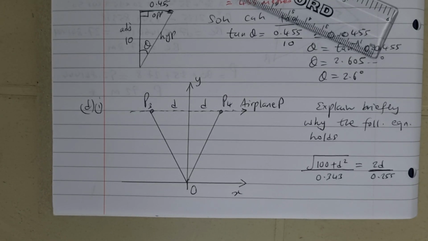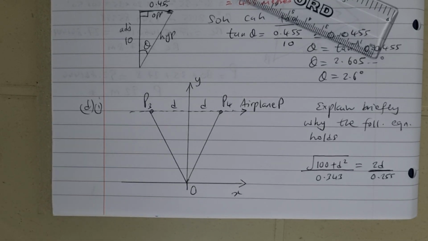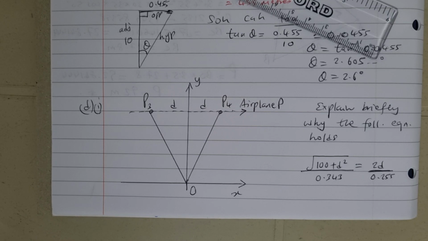So in part D of the question, we have a new diagram here, where P3 and P4 are two other points on the flight path of the airplane P. By the time Oscar hears the sound the airplane made at P3, the airplane has flown on to the point P4.